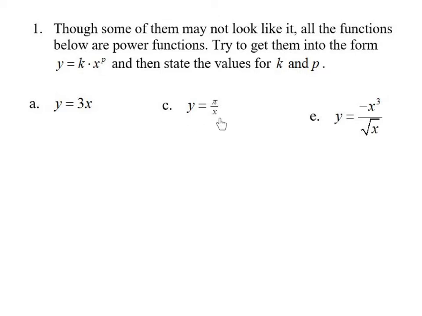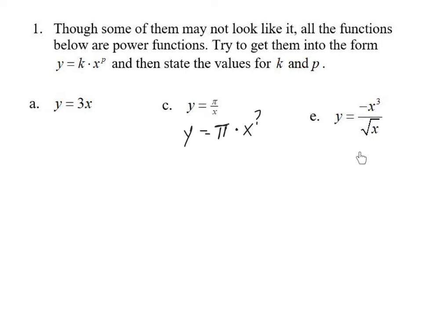With letter C here, I'll just point out, we can rewrite this as pi times x raised to some exponent. So I'm going to let you figure out what that exponent would be. Okay, but your k would be pi here.